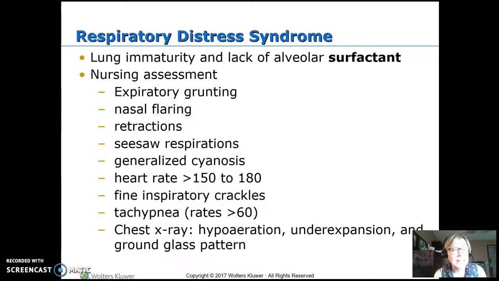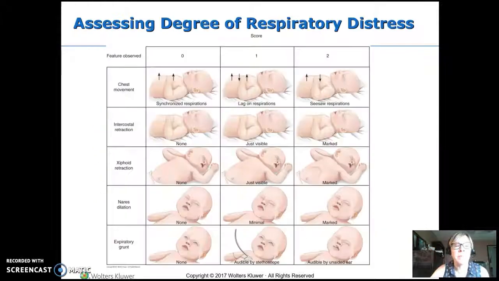Tachypnea, up to 60 breaths per minute is normal on a neonate, so greater than 60. On the chest x-ray, you see hyperaeration, under expansion. So not all of the lung is open. It has too much air in it, and they call it a ground glass pattern, where some is open and overinflated, while other areas are not open at all.